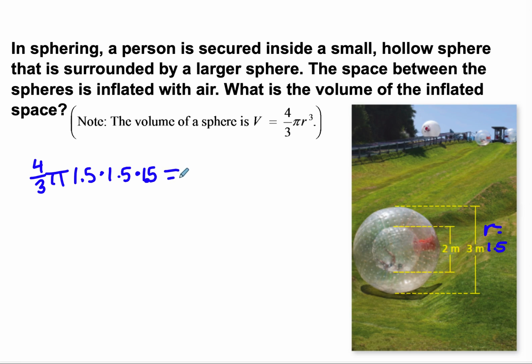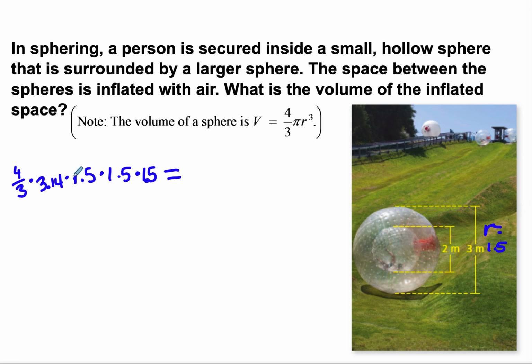Okay, so for the big sphere, let's see, I'm going to do 4 divided by 3 times pi. And actually, I take that back since I've got thirds and I've got decimals. I'm going to go ahead and make that 3.14 as I'm multiplying it out. Just going to erase this. 4/3 times 3.14.